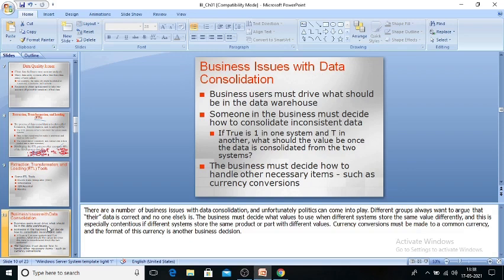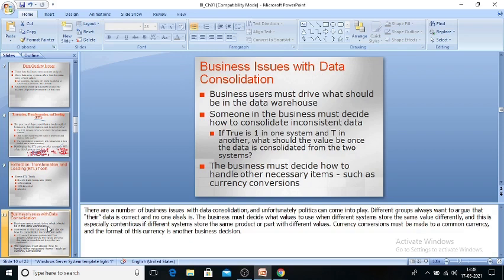What is that politics? Different groups always want to argue that their data is correct and no one else is ready to say that our data is wrong. The business must decide what values to use when different systems store the same value differently.